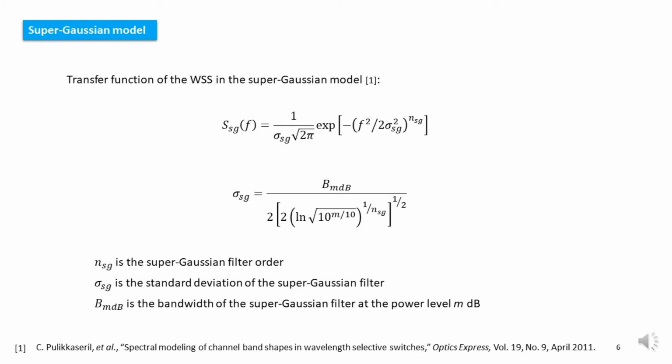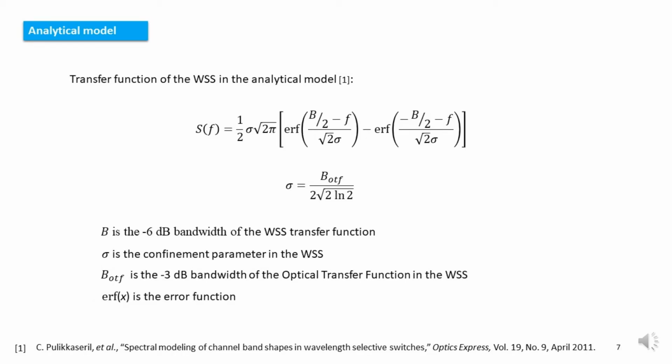Well, it's better to use another model. We choose to use the analytical model. This model works equally well with bandwidth of 37.5 GHz or 300 GHz. The only thing we have to choose is if you want a sharp filter or a smooth filter.